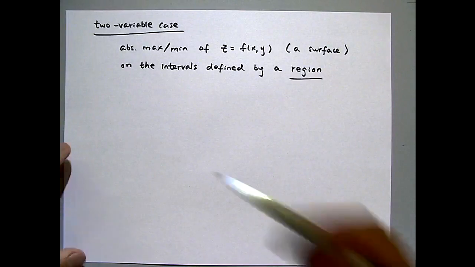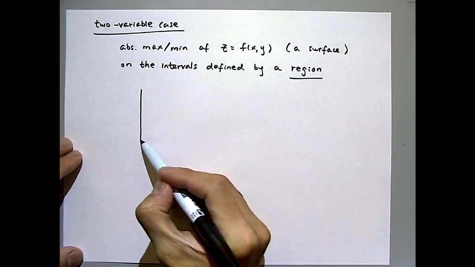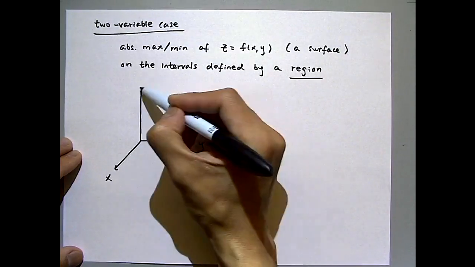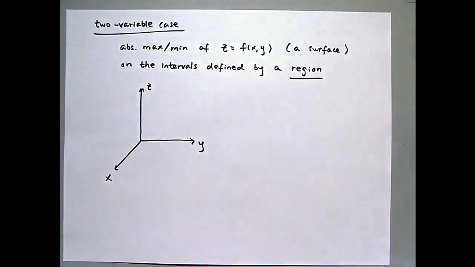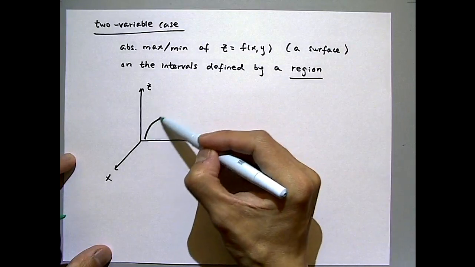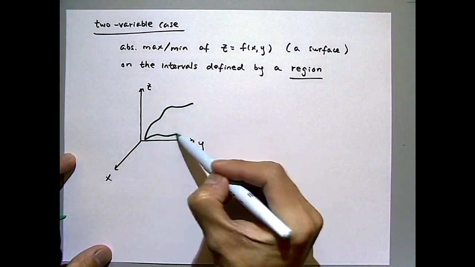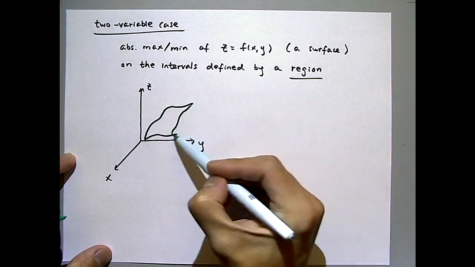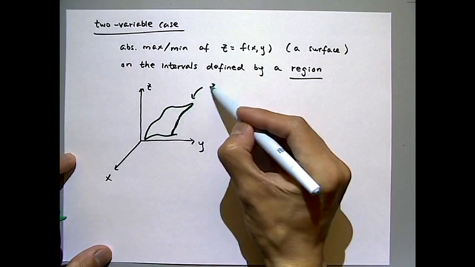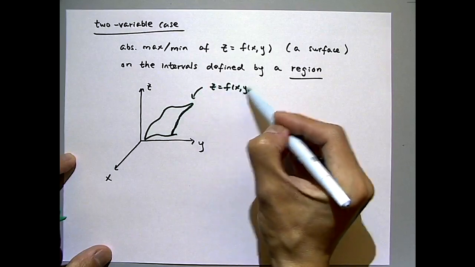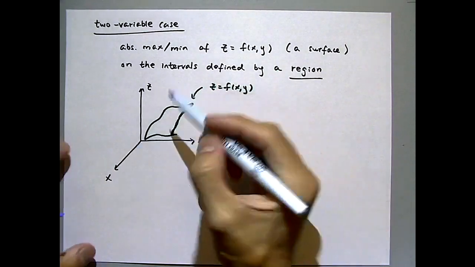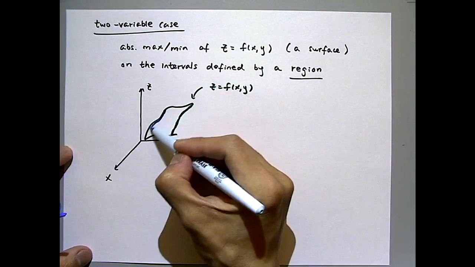For example, I got some kind of surface here. Notice the boundary now, which I'm going to color with blue here.